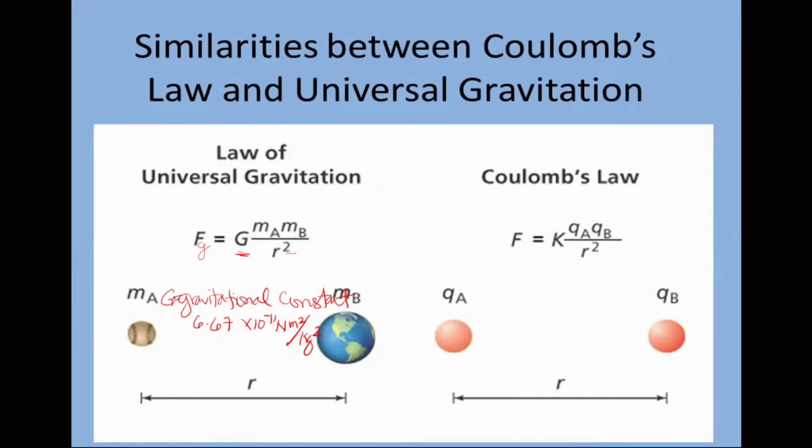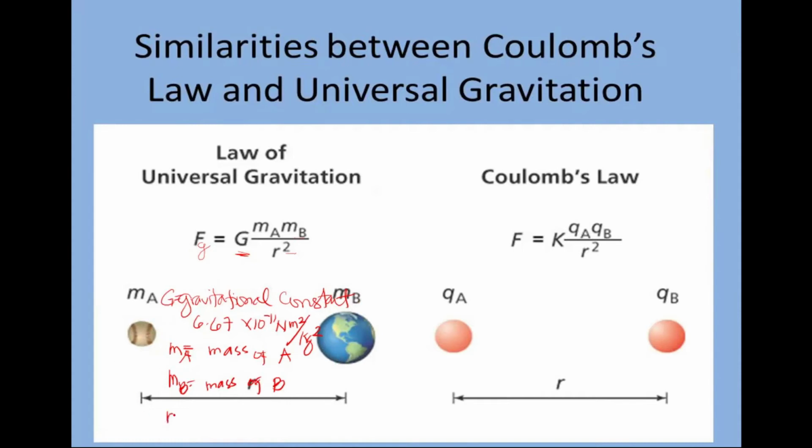So this is the G. And M stands for the mass. MA is the mass of object A. A could be anything, an object. In this case, MA could be a soccer ball or a moon or things like that. MB is the mass of B. So in the illustration, MB is the mass of the Earth.